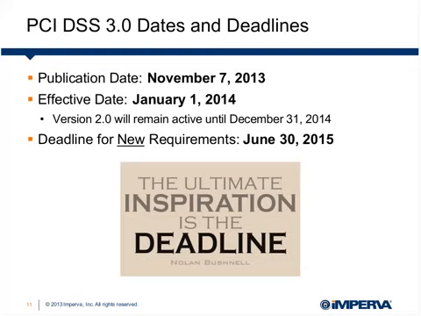Now, not all of the requirements are effective immediately for January 1st, because some of them require a lot of investment from companies. So the PCI Council gave a deadline of June 30, 2015, to comply with the 6 new requirements within PCI DSS.